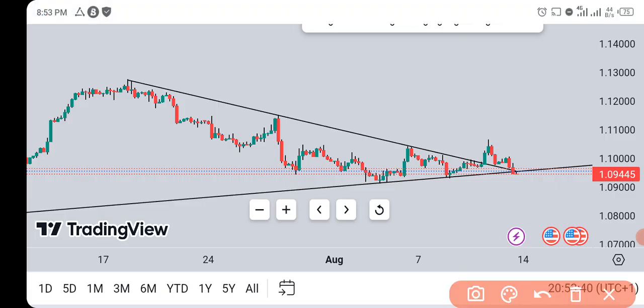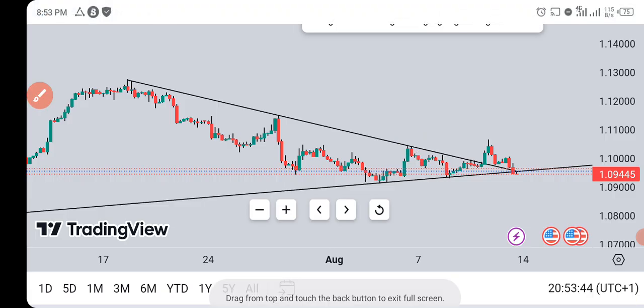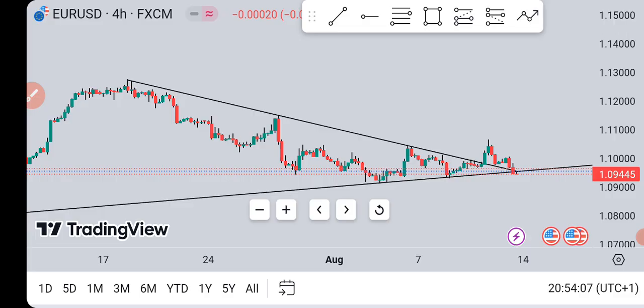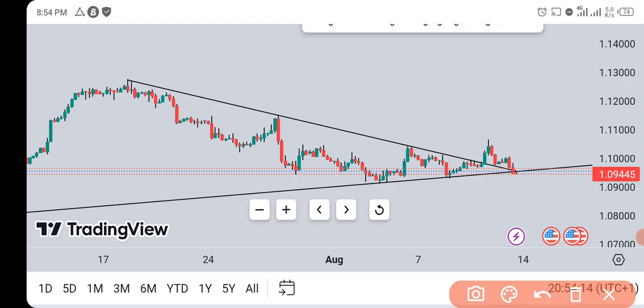So this is the third touch here, and I have been waiting for the breakout for the past 1 week on 4-hour time frame. Now the CPI that was released on Thursday, the market broke this trend line. So I entered this market.